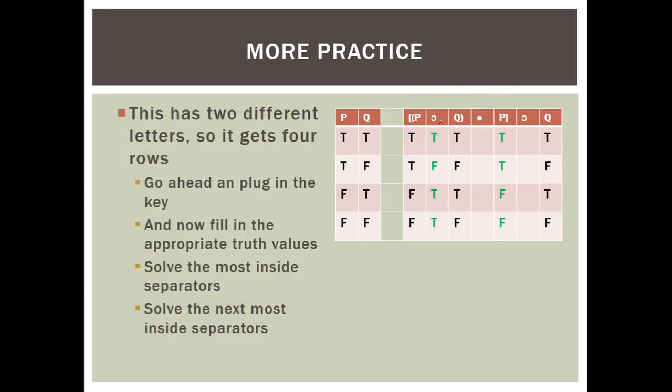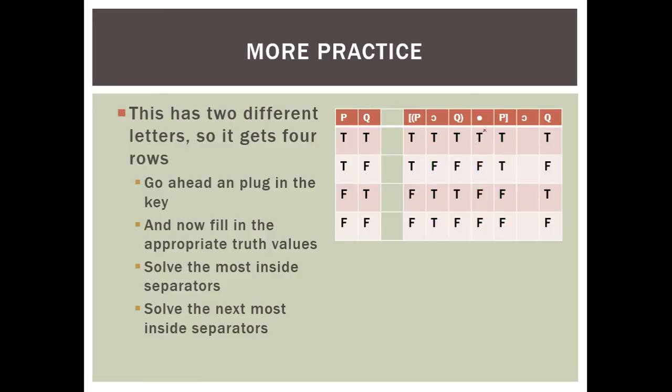The horseshoe goes true, false, true, true. The P goes true, true, false, false. With the dot, we have true, true is true. False, true is false. True, false is false. And true, false is false. All right, there's the written version of it.